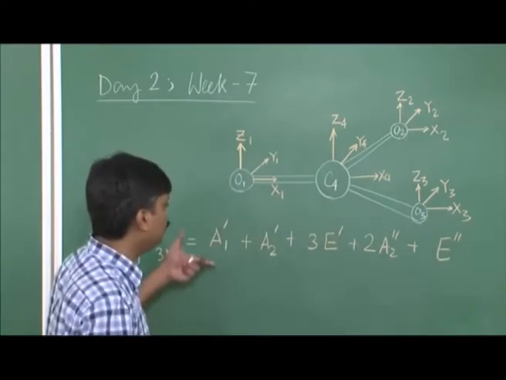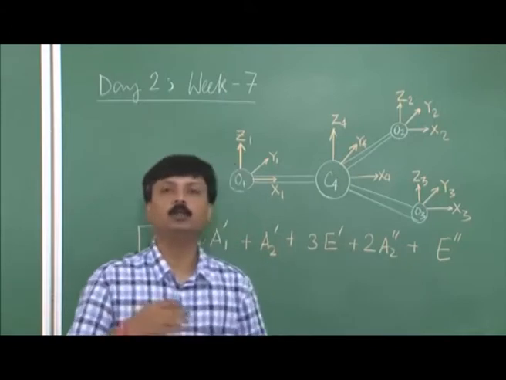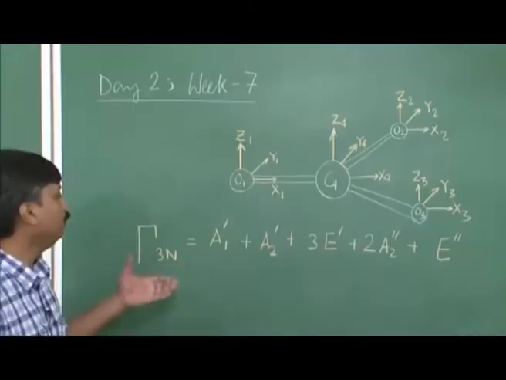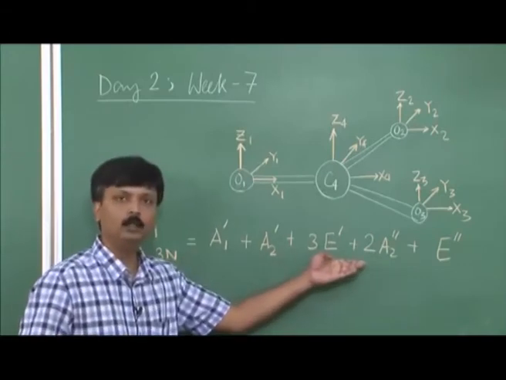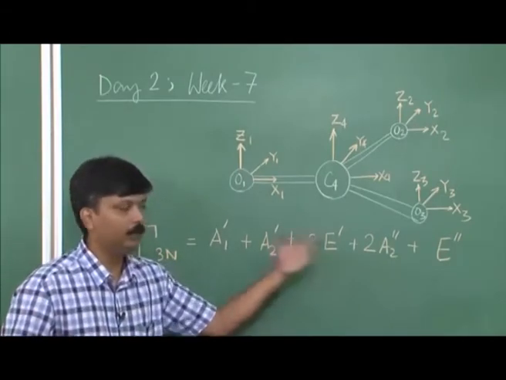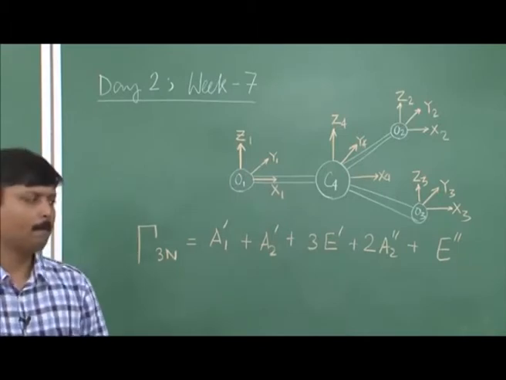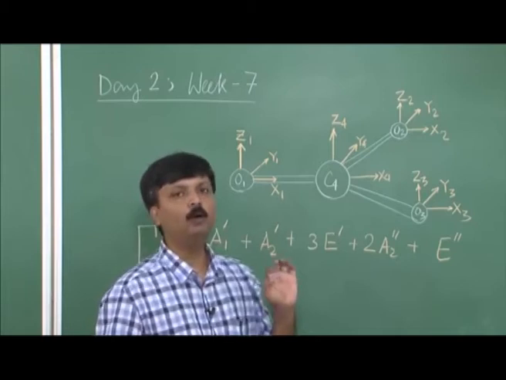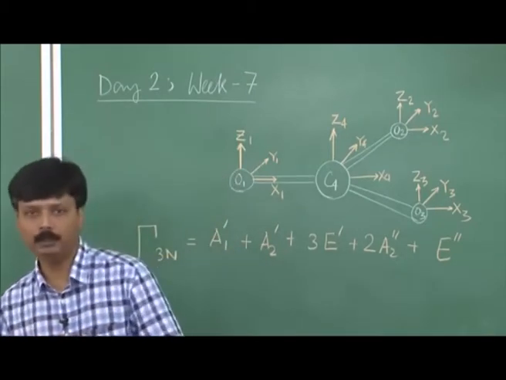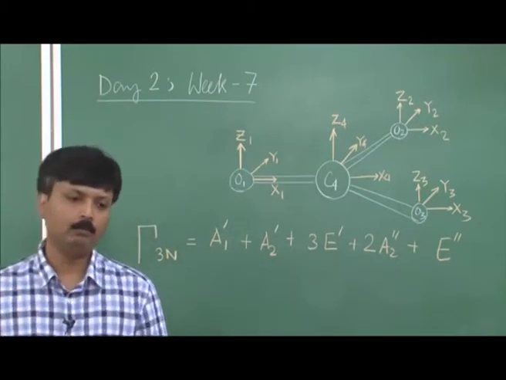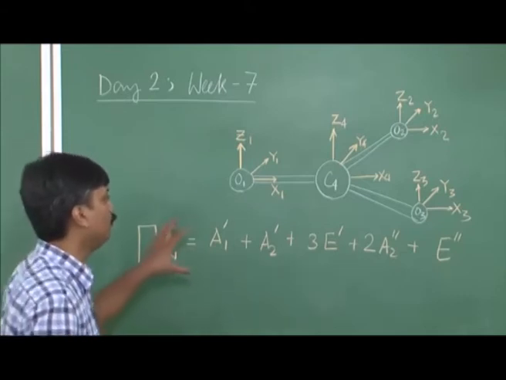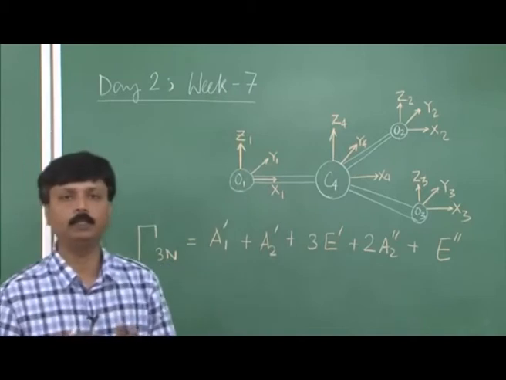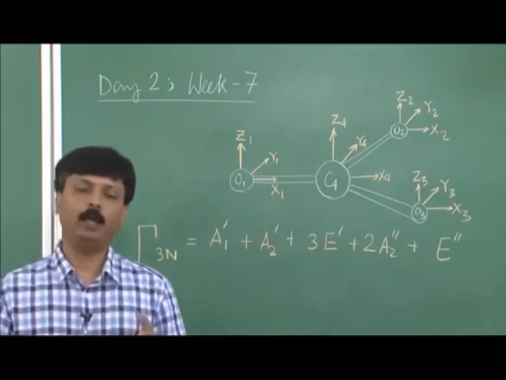So this is what you will get ultimately. So you solve this, meaning that you reduce it, and then you are supposed to get this particular expression. So now I could find out what are the irreducible representations to which all these my basis vectors x, y and z's transform as.